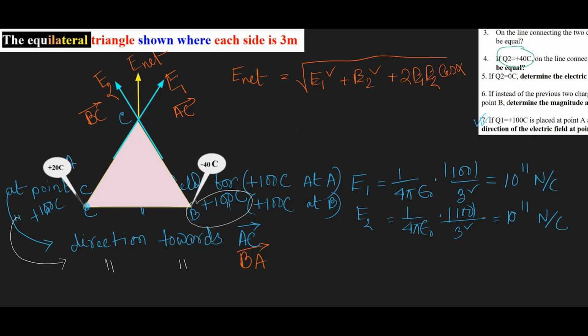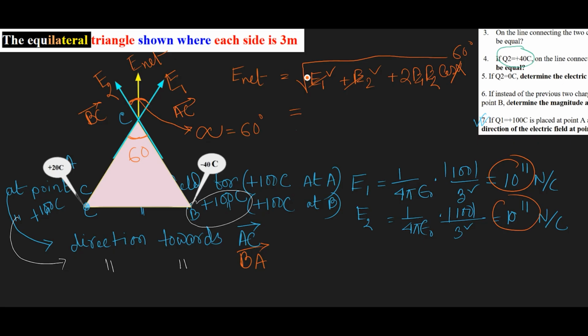In between these two electric fields, this is E1 and this is E2, the angle between them is, say, alpha, right? So we know as this is an equilateral triangle, this is 60, so this will be 60 as well, so alpha is 60. Now plug in the values, alpha is 60, and E1 and E2 we know the values.